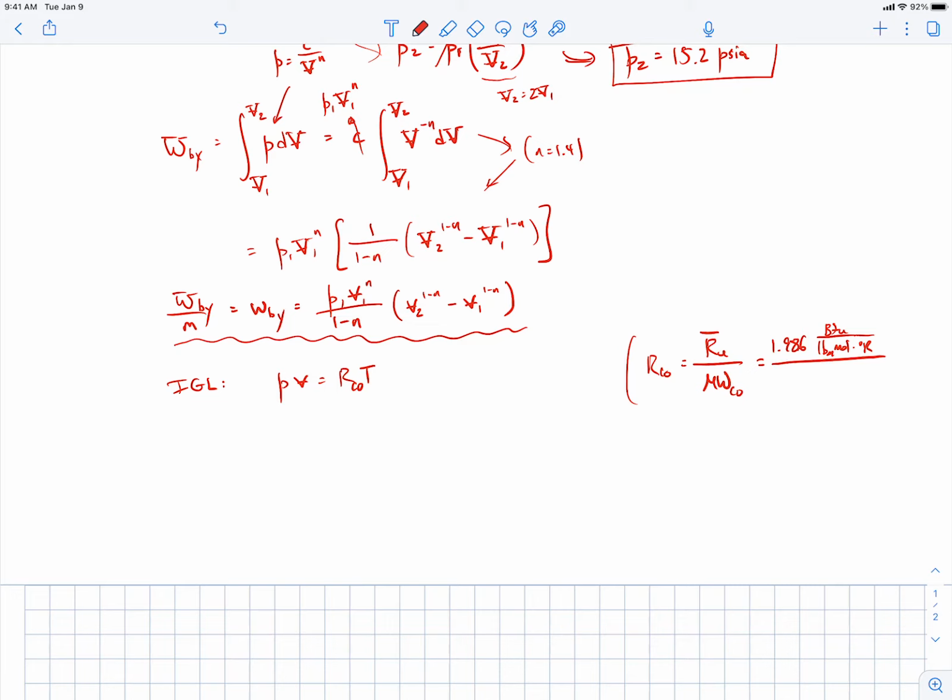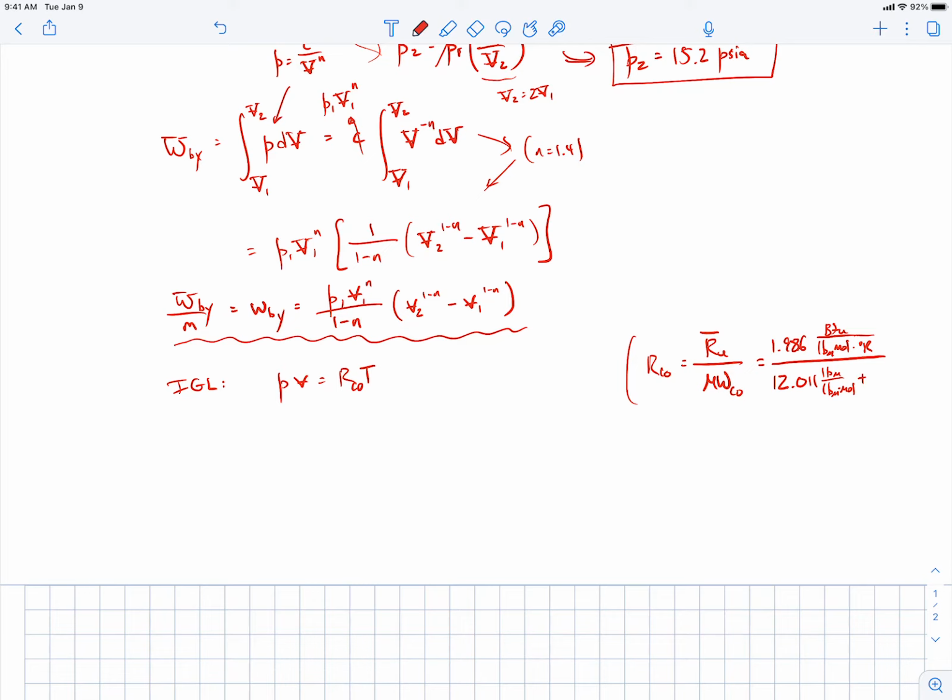To find the molecular mass or molecular weight of carbon monoxide, you would refer to the periodic table. What you'd find is that the molecular mass of carbon is 12.011 pound mass per pound mass mole.